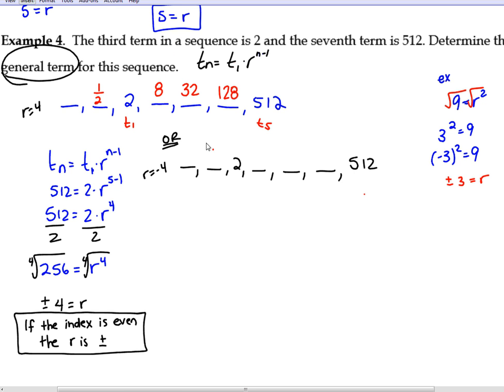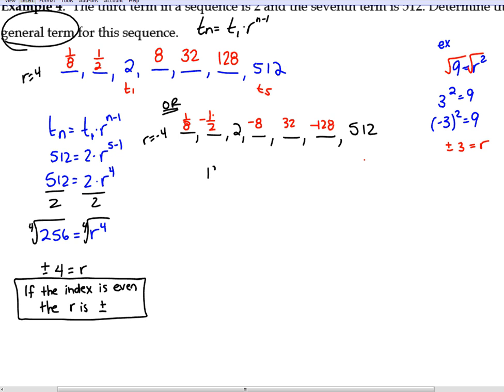1/8. Okay. Or if r is negative 4, what would be the only difference in our values here? There'd be negatives. So where would the negatives be? At negative 8, negative 1/2, and negative 128. So no matter what, our first term will be positive 1/8.